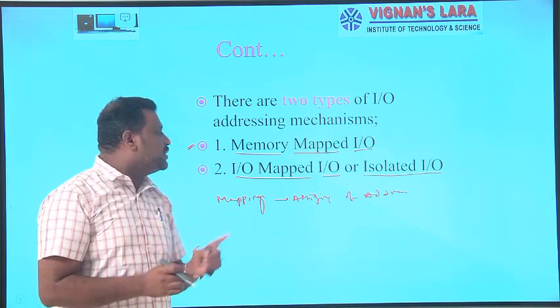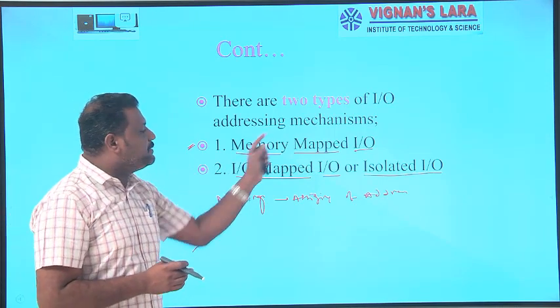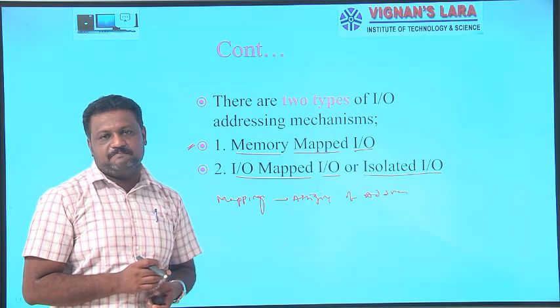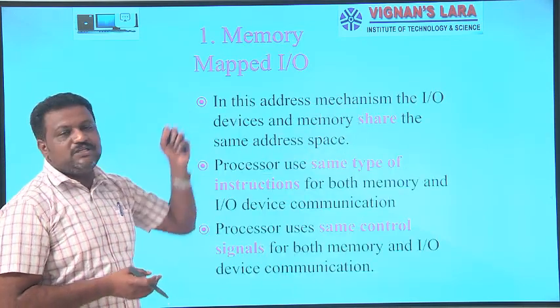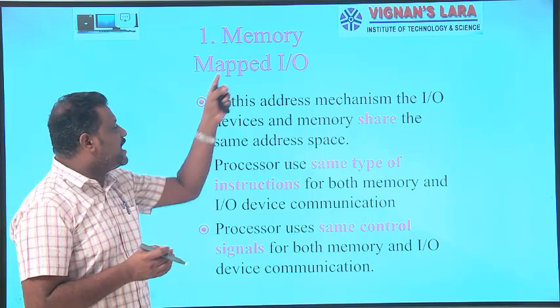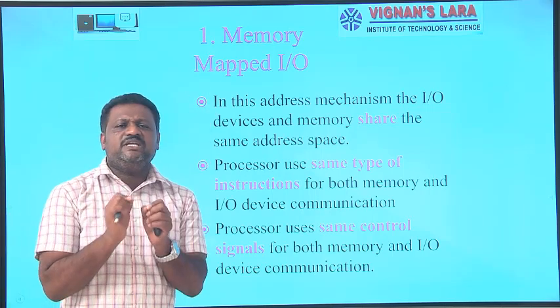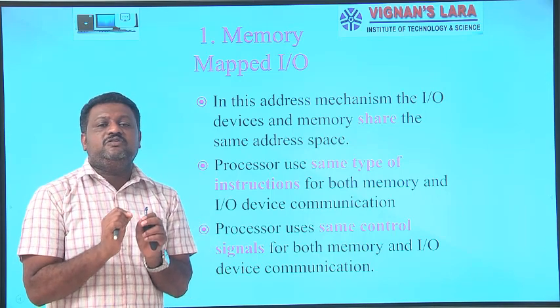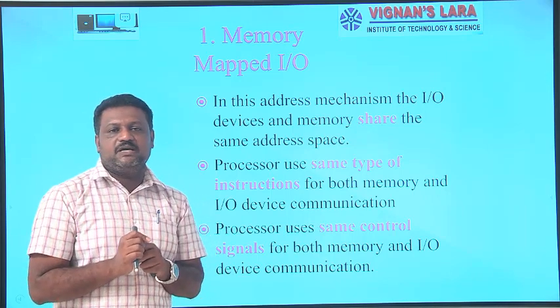You can go and find the difference between memory mapped I/O and I/O mapped I/O. The first one is memory mapped I/O. In this addressing mechanism, each and every I/O device is treated like a memory location by our CPU.